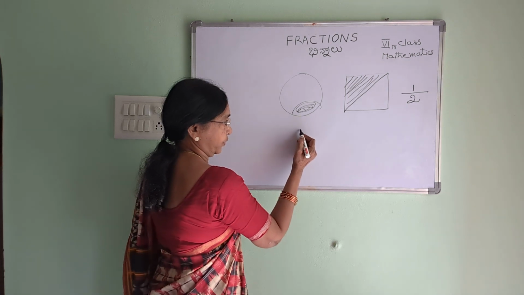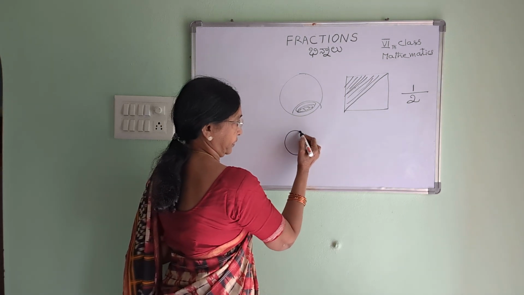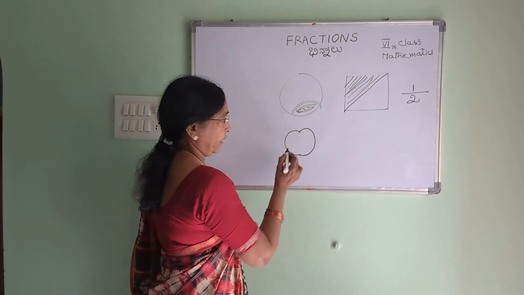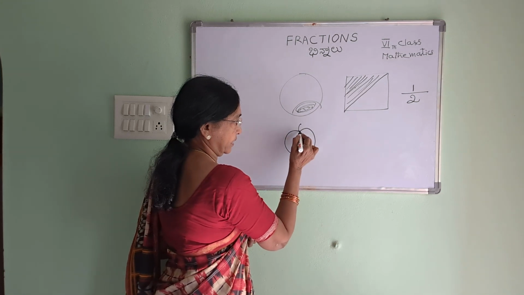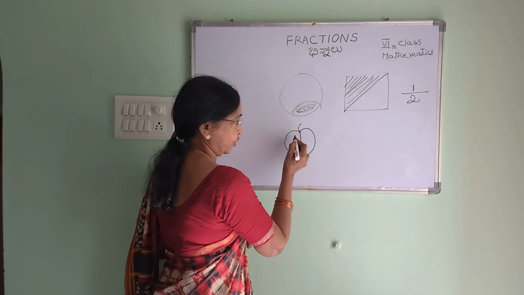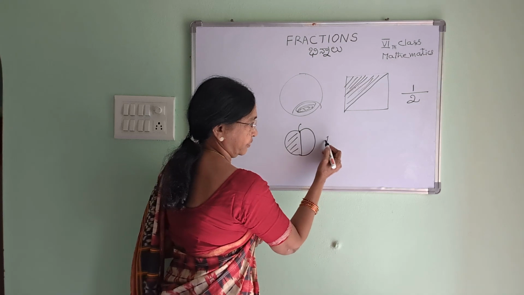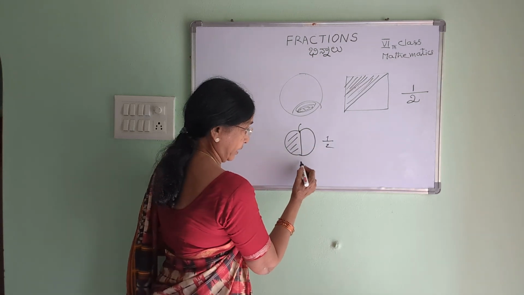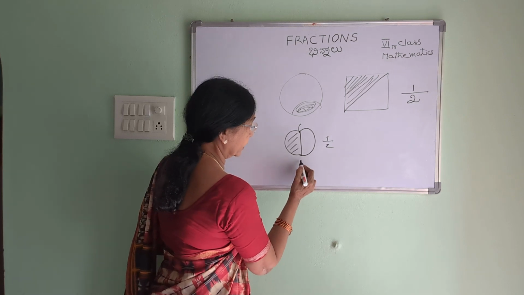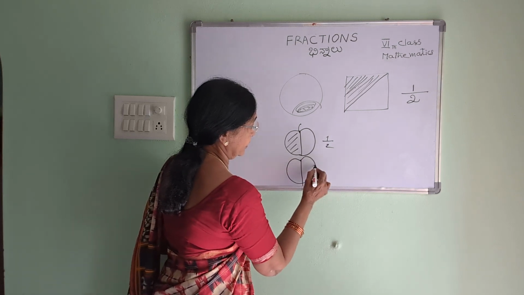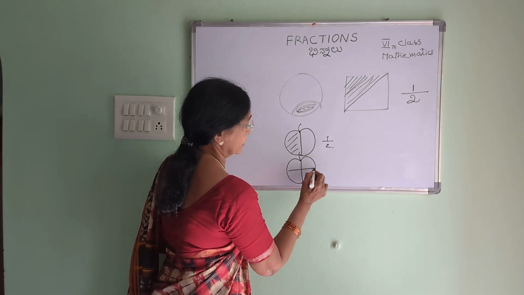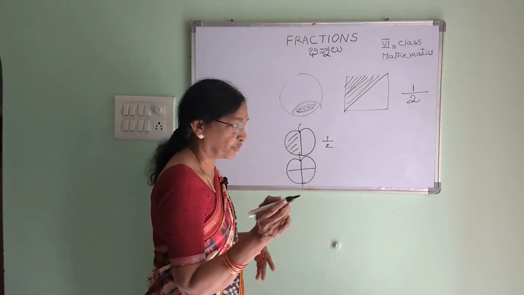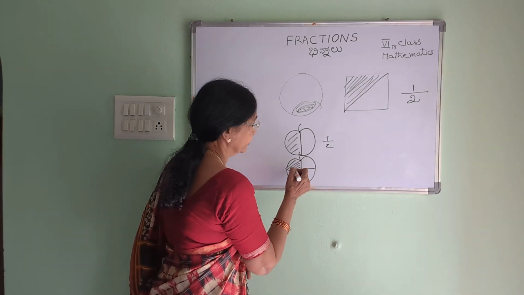Suppose we have a fruit. Make it exactly half. So one part is 1/2. Suppose the same fruit is divided into 4 equal parts, like this. 4 equal parts and one part is taken.